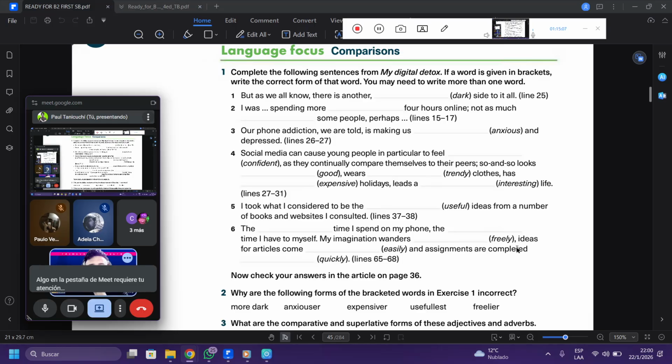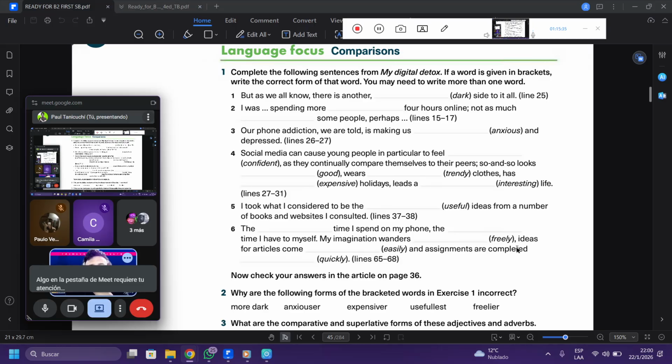So what is in the first gap? The more time I spend on my phone, the less time I have to myself. Right? My imagination wanders.